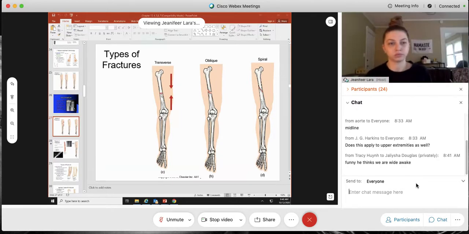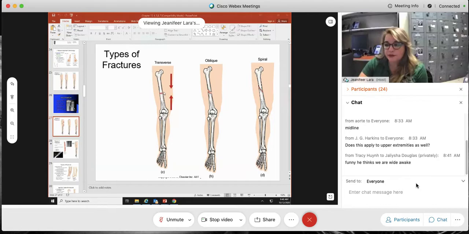So here's transverse, horizontal, right? You've seen this word before, correct? Meaning horizontal break. Here we have an oblique. And what do we have here? What is this kind? Spiral. Spiral will start off at one end posteriorly and angle down towards the other end. So the break is spiral. Okay?